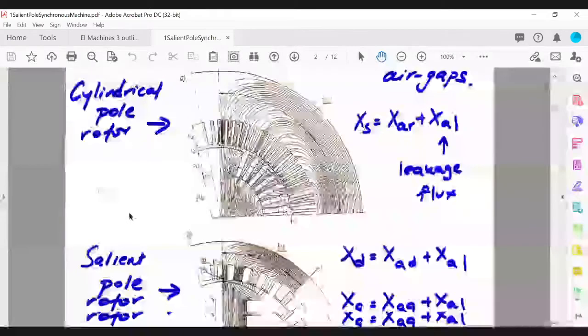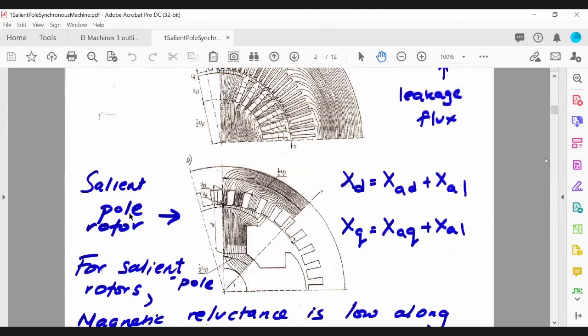Now, if we slide down to what we call the salient pole rotor, you'll find that if you look at the flux distribution in the machine, in the pole that's along the d-axis, so the axis of the pole, the reluctance is different as compared to the reluctance in the air gap in the interpole area.